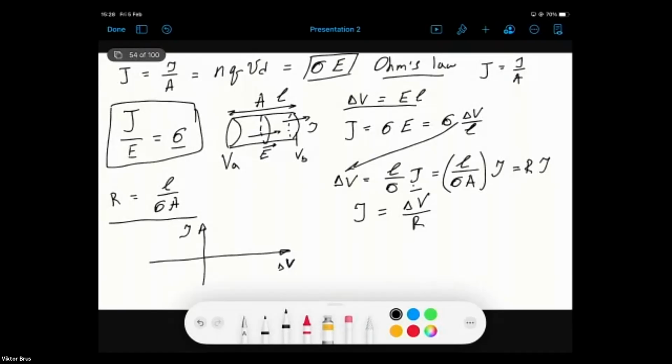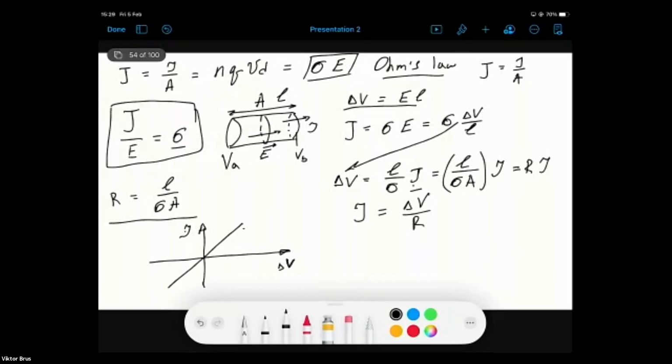It tells us that if this conductor follows Ohm's law, then we have a current voltage characteristic. When we have current versus voltage, potential difference, it's called the current voltage characteristic. So we have a linear current voltage characteristic.